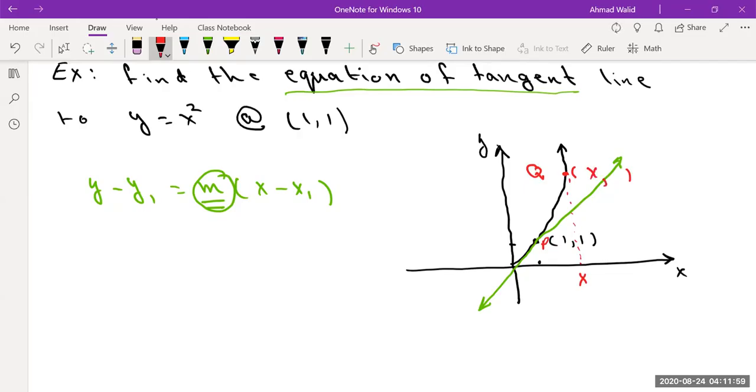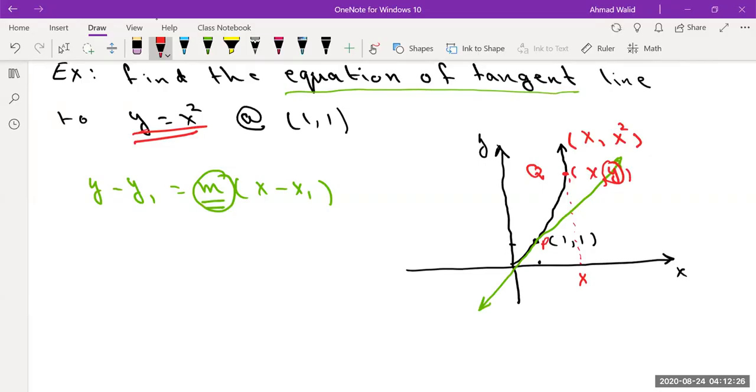Your y is x squared. So the point is (x, y), and since y equals x squared, your point is (x, x squared), or (x, f of x), which is x squared, right?